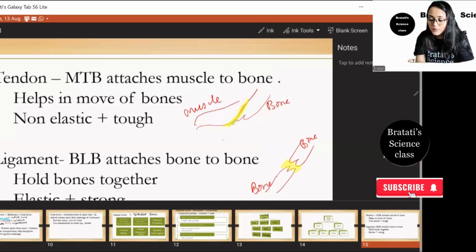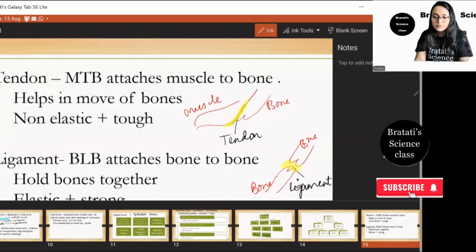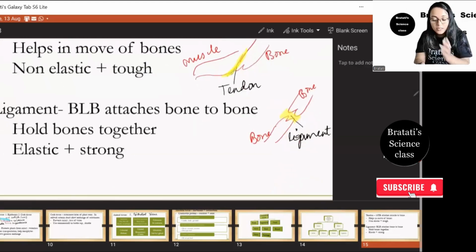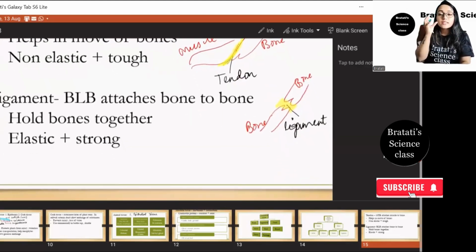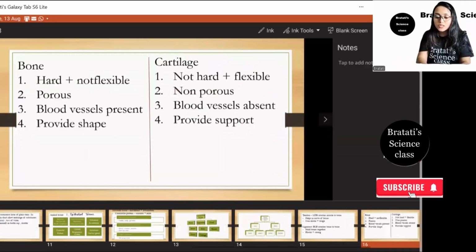So this is our tendon and this is our ligament. The diagram also helps you understand. Ligament holds the bones together. It is elastic and strong. You can make it in different forms also.